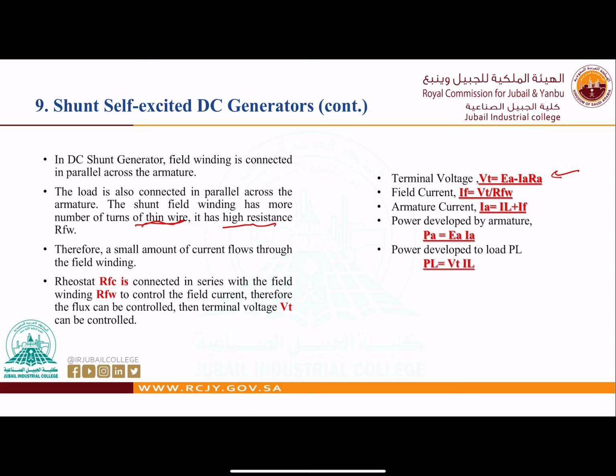Armature current IA is equal to IL plus IF, because everything is in parallel, so the current is divided: part goes to the load and a small part goes to the field. Power developed by the armature is PA equal to EA times IA. Power delivered to the load is P load, which is VT multiplied by IL.